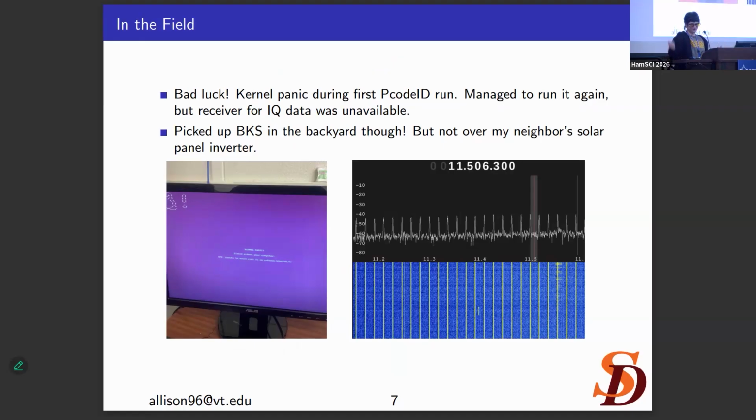But as a cruel twist of fate, the Blackstone Radar PC had a kernel panic right after I uploaded the schedule file, and the site guy was unavailable to troubleshoot it until a couple days later.